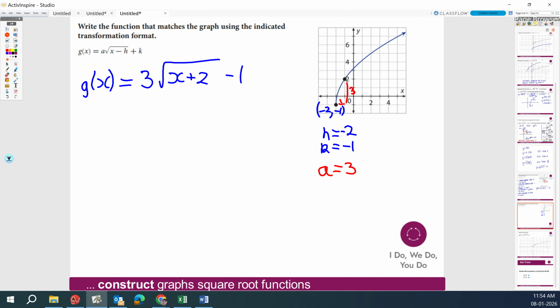Alright, let's move that 3 inside. How can we move the 3 inside? Would it be over squares? 1 over 3. Well, 3 squared.